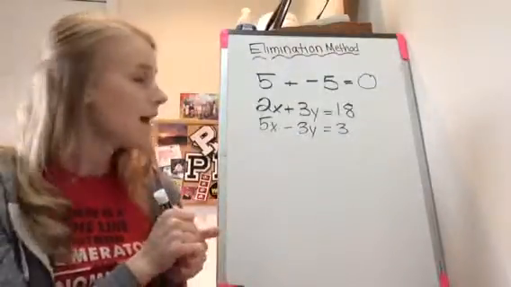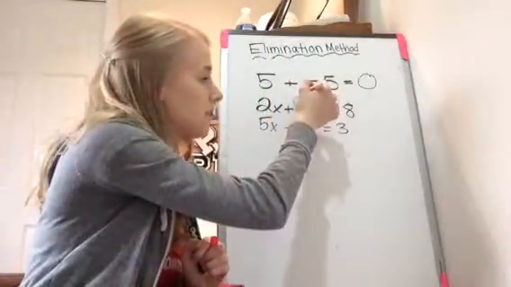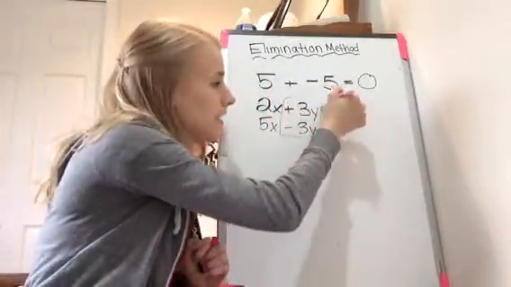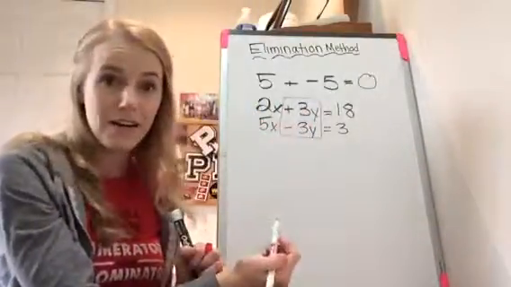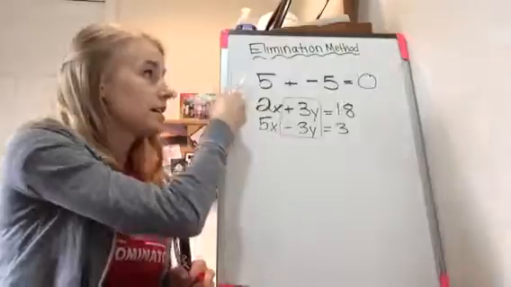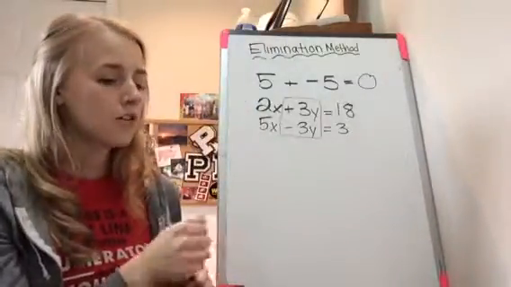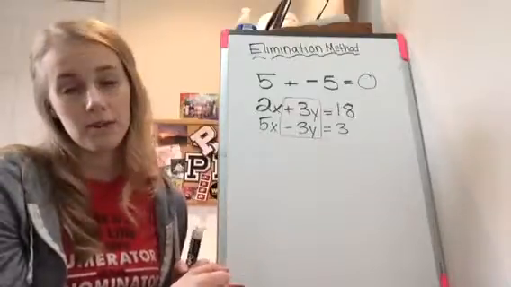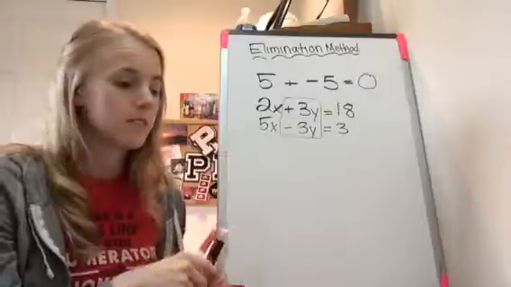If you notice, my 3y's are actually opposites of each other. 3y plus negative 3y is going to cancel out to 0, just like my example up here. So the coefficients of y are additive inverses. That's what we call them. These are additive inverses when they equal 0.